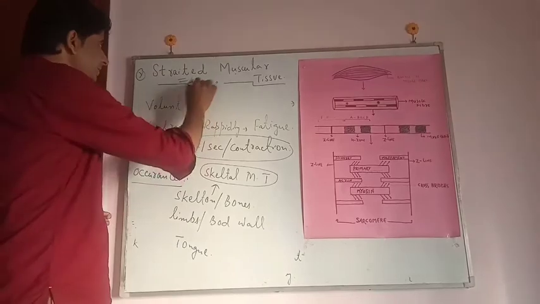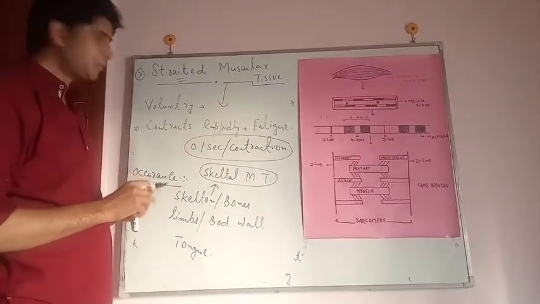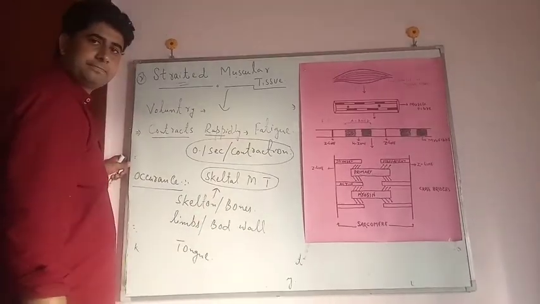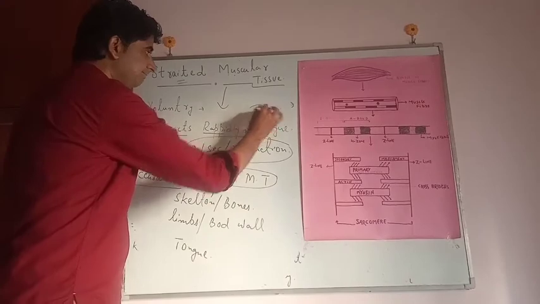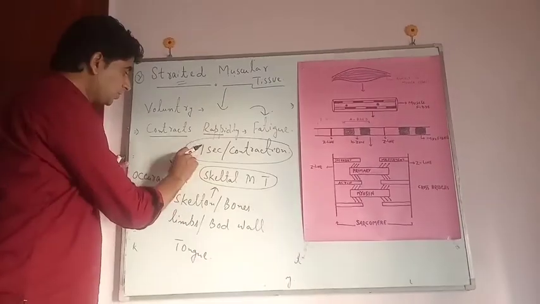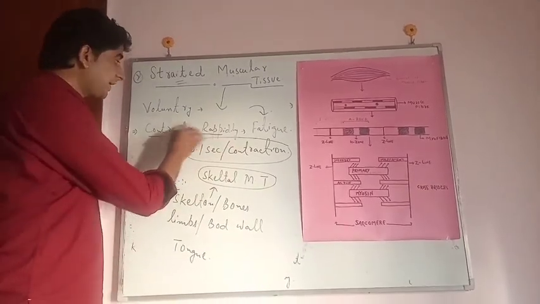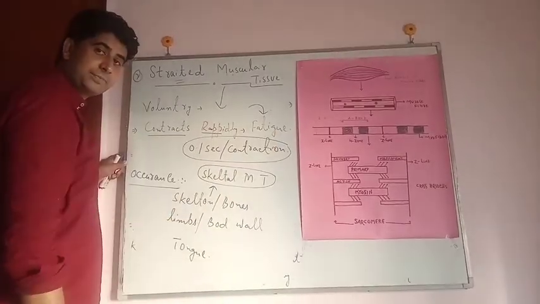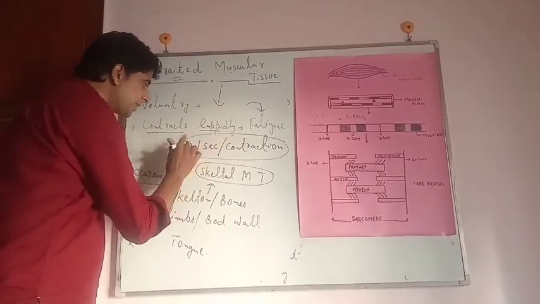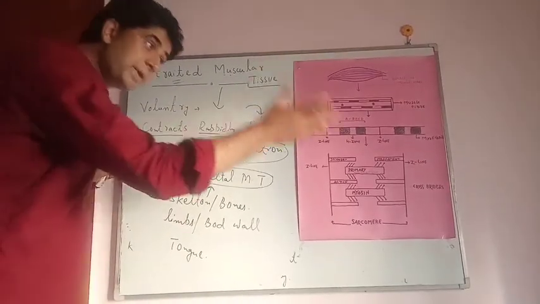Now, in addition to this, the striated muscular tissue or the voluntary muscular tissue contracts rapidly but shows fatigue, and its contraction rate is 0.1 second per contraction. Means it contracts rapidly but gets fatigued. जो हमने previous lecture में देखा था.